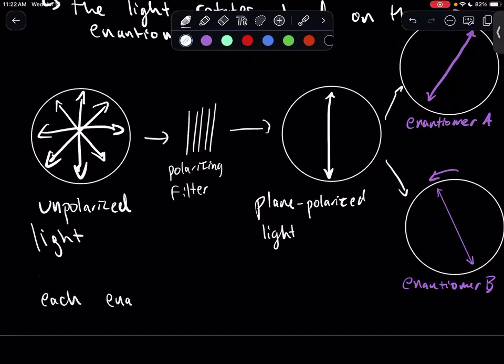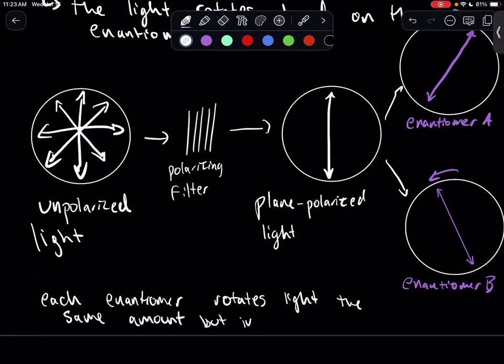Each enantiomer rotates light the same amount, but in opposite directions.